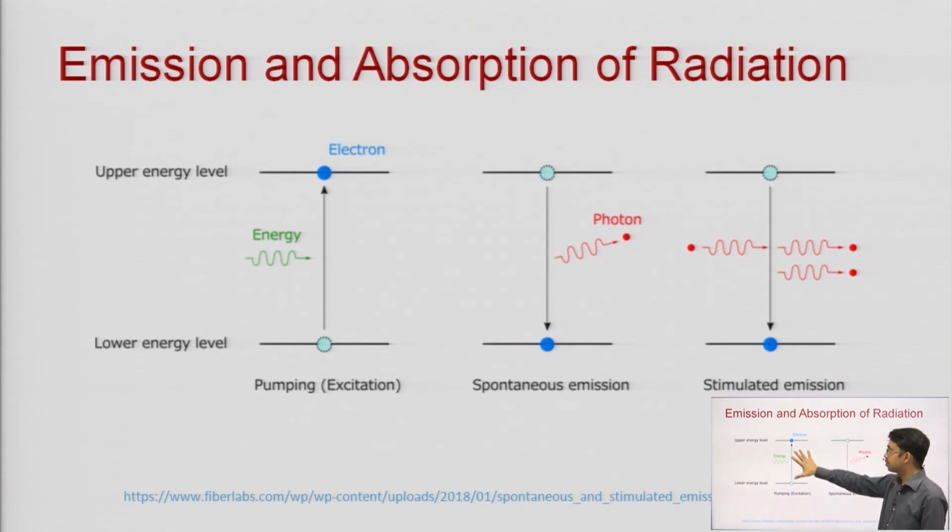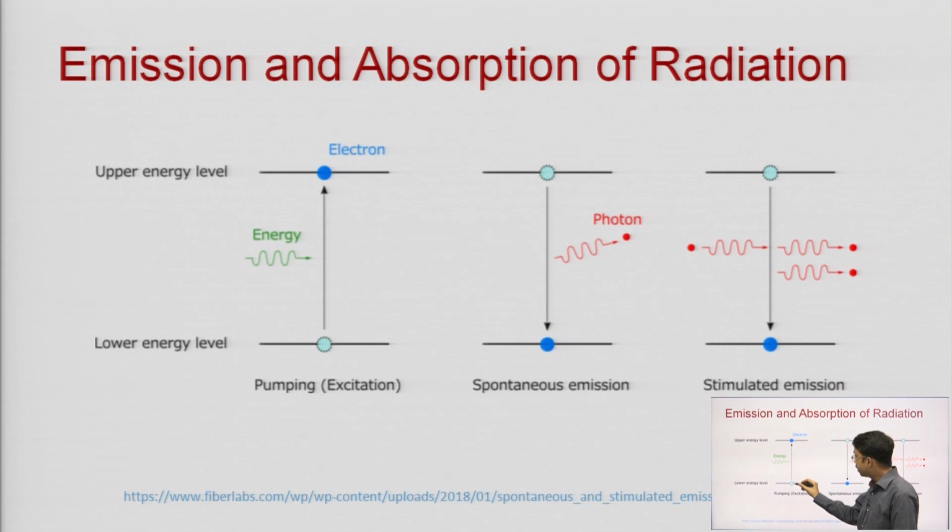So, this is the process of absorption. As you can see, this is a lower energy level of an atom, let us say the ground state, and there is an electron in its ground state. What happens when a photon of energy h nu strikes this electron?